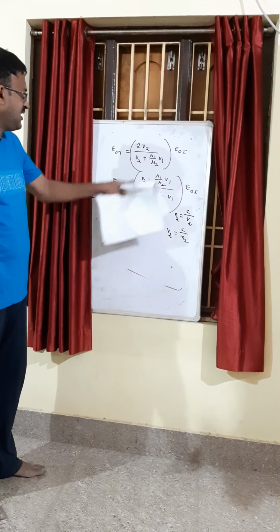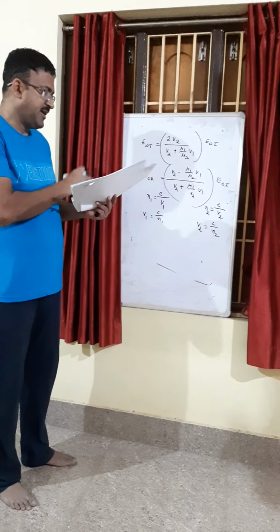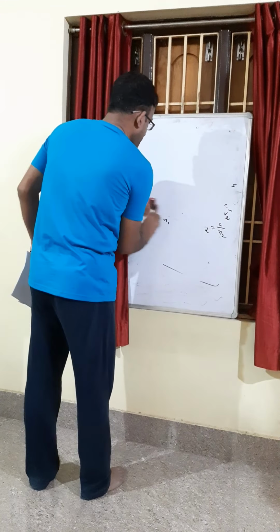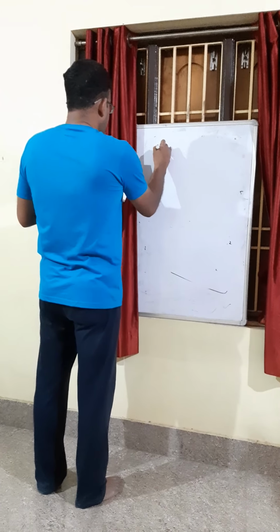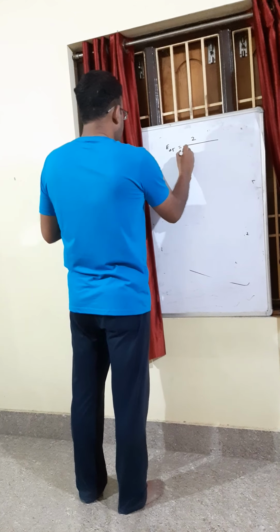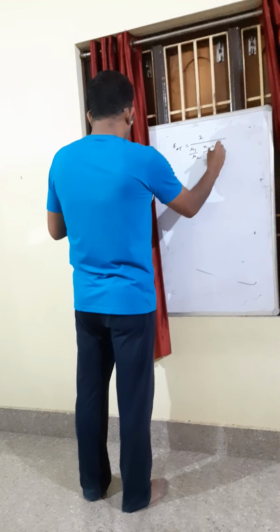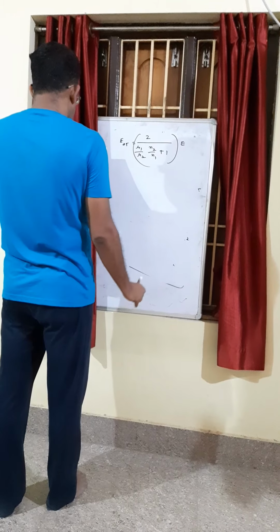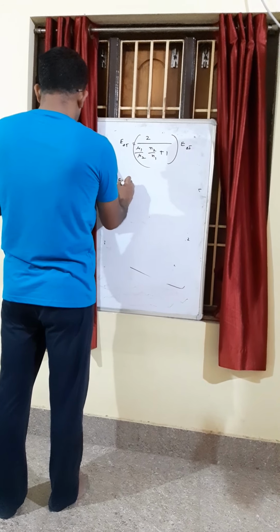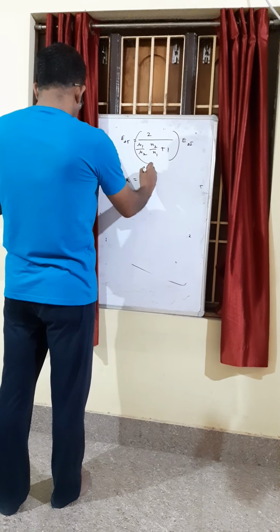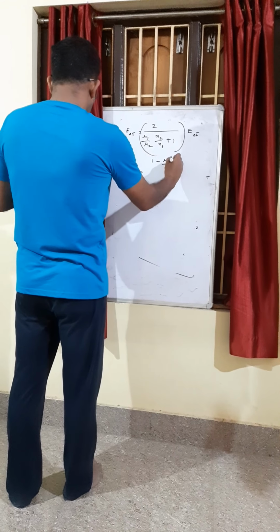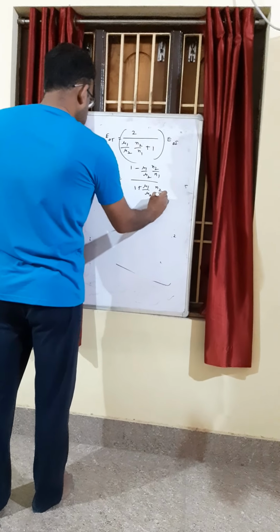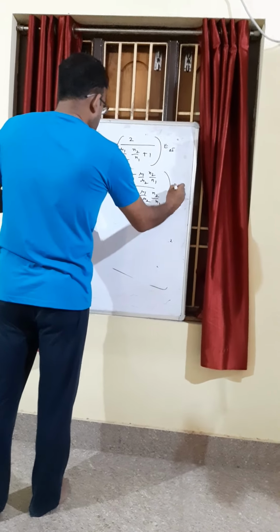We substitute v1 as c by n1 and v2 as c by n2, and what equations do you get after substituting? So this you get.